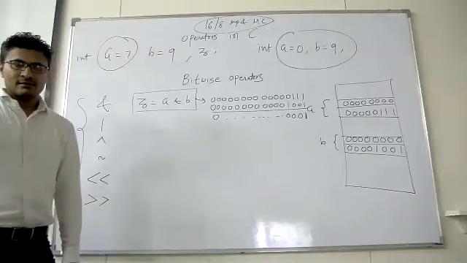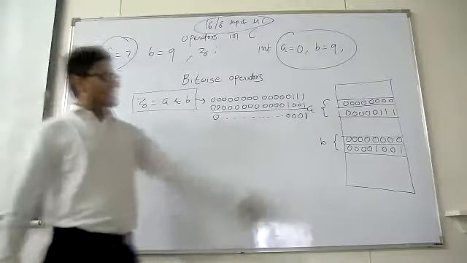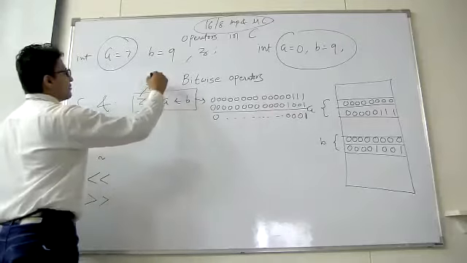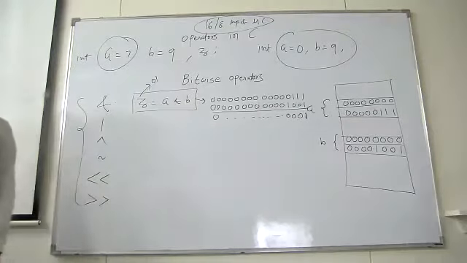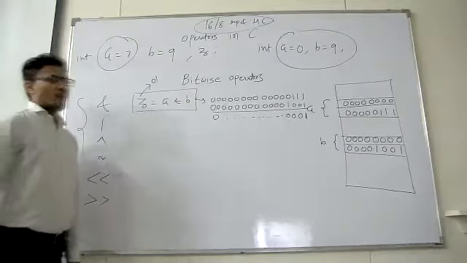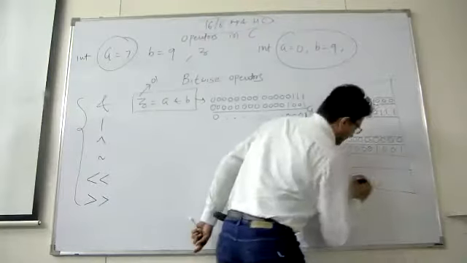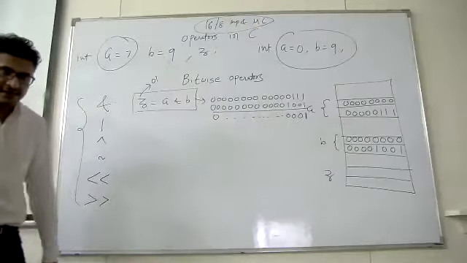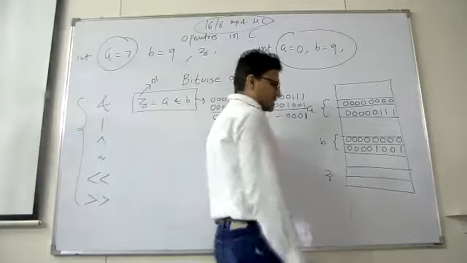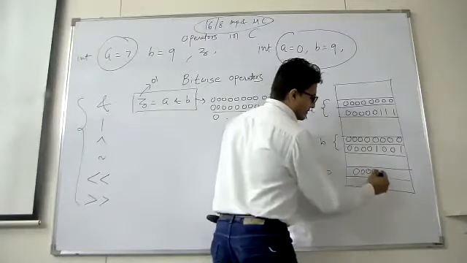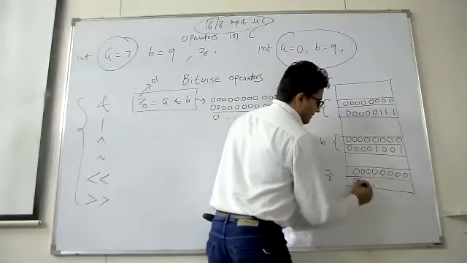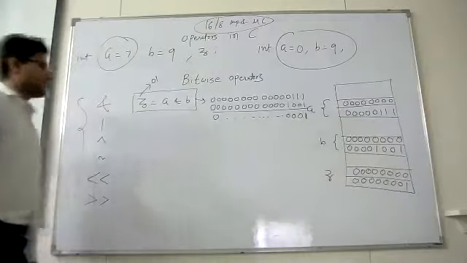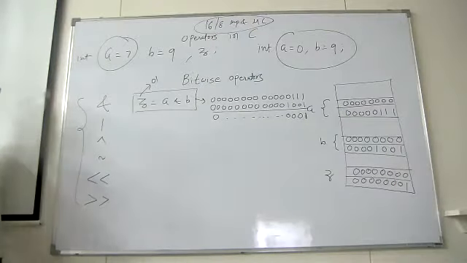So my Z is equal to 1. Again it is an integer, so it will store Z as 2 bytes: 0000 0000 0000 0001.